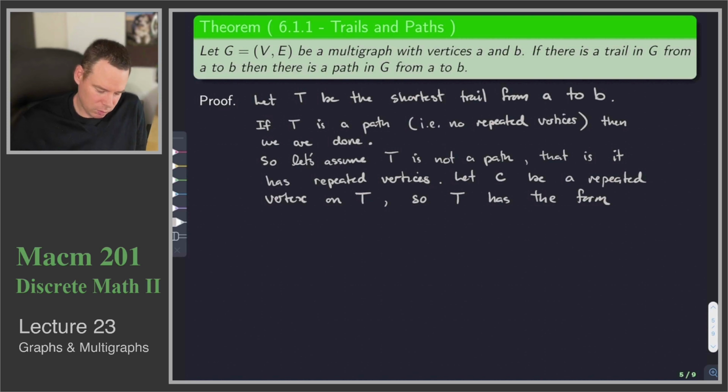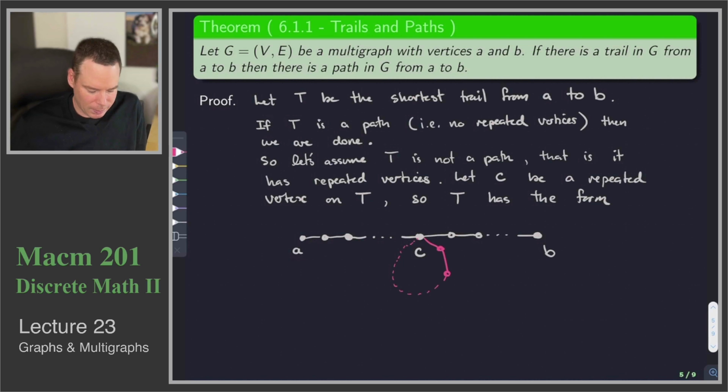Let's call C that repeated vertex. So it has to look like this. We're starting at A, we travel along an edge, get to another vertex, travel along an edge, get to another vertex, and so on. And then we get to vertex C, and then we travel away from C and come back to it. So we are going to eventually go around some number of edges and vertices and come back to C. And then once we hit C again, we can continue traveling until we eventually get to B.